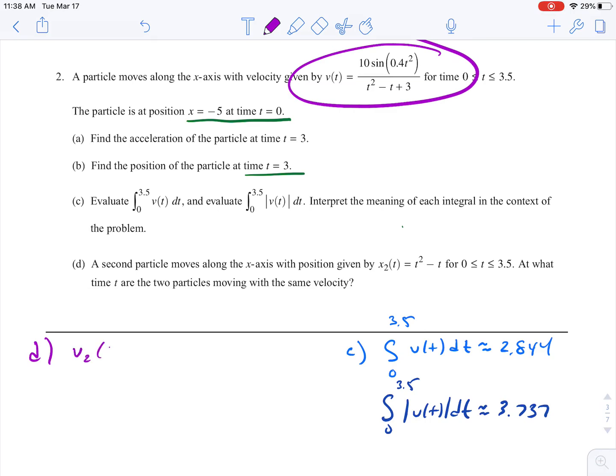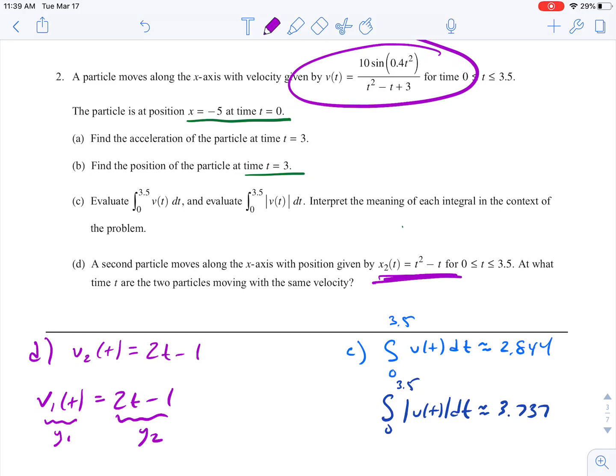All right, so let's figure out what the velocity of particle 2 is. That's not a bad derivative to take here. Okay, so the velocity of particle 2 would be 2t minus 1. So basically, our question is, when does the velocity of particle 1 up top equal this? Okay, well, this again would be something you're going to graph this in y1, you're going to graph this in y2. Check your interval.